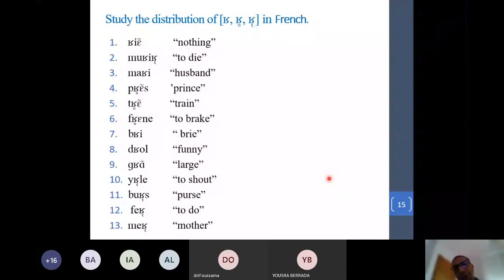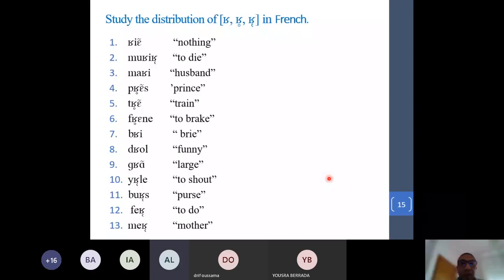If you find that the distribution is parallel, not complementary, and of course you have the near minimal pair, that is an argument in favor of the sounds being separate phonemes.